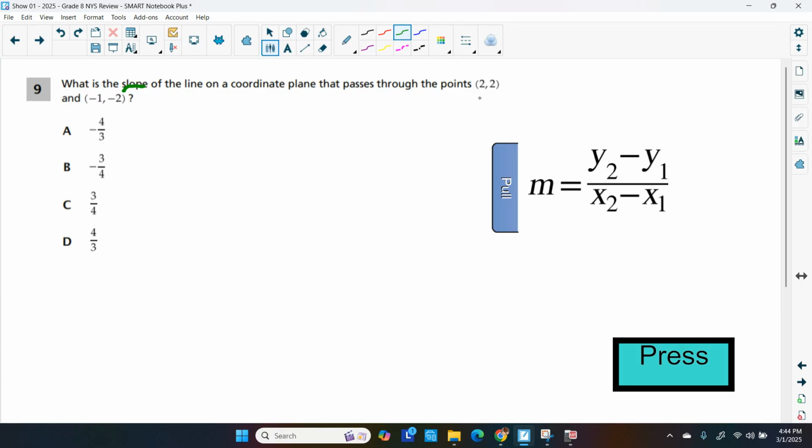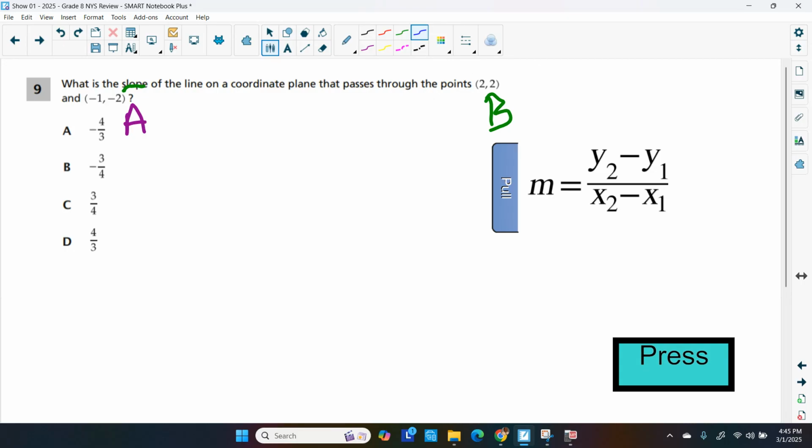So what do I mean? I'll call this point B, and I'll call this other guy point A. So all I got to do is subtract the x's and the y's.